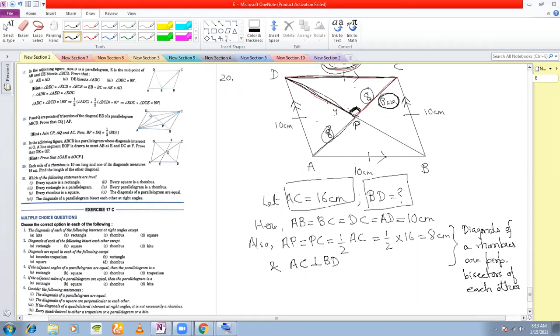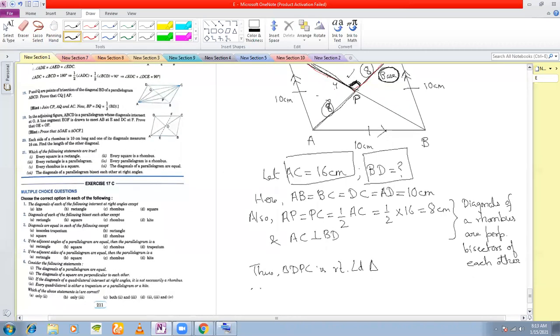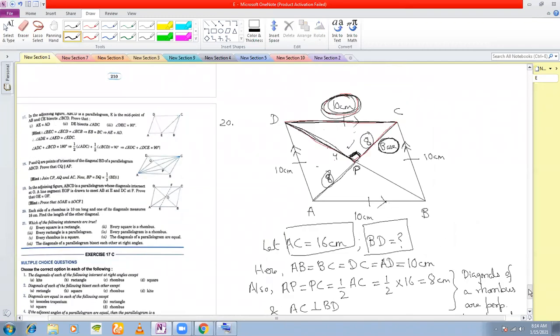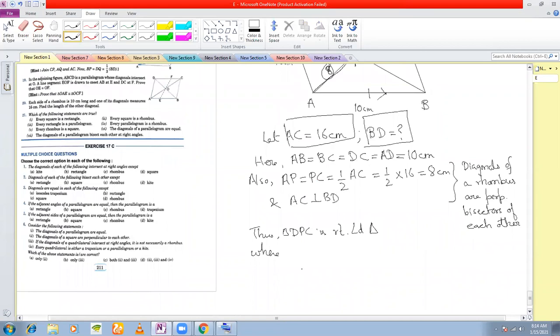So we know that this angle here is a 90-degree angle. So therefore we'll write triangle DPC is a right angle triangle, where DC is equal to 10 centimeters, comma, what is the other length?